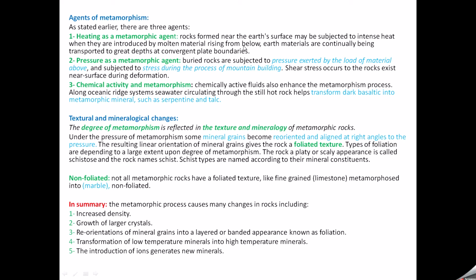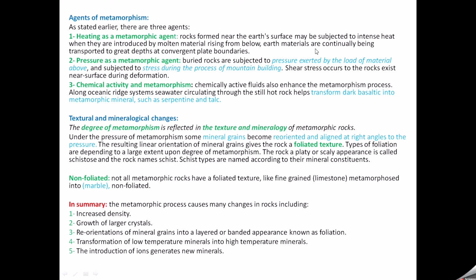When magma rises from below and comes close to the surface, it will cause metamorphism and deform the rocks close to the surface, changing their chemistry and mineralogical composition, and sometimes their texture.